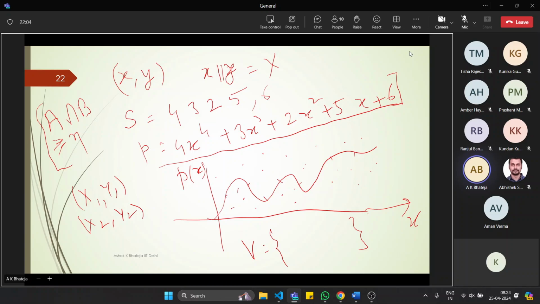These are the minutia points, suppose. Now, consider one minutia point, say x, y. Then you find capital X. Capital X is the x coordinate of the minutia point concatenated with the y coordinate of the minutia point. Suppose that is capital X.